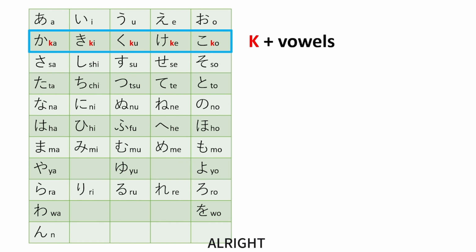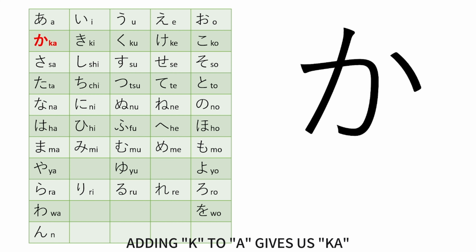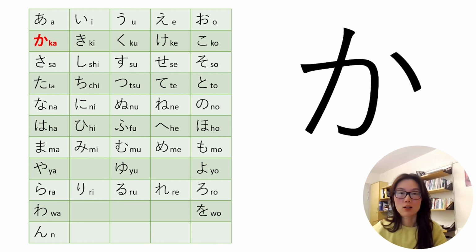Alright, let's learn the second row. Adding k to a gives us ka. See, this romaji can help us pronounce correctly to some extent. Ka, ka, ka.